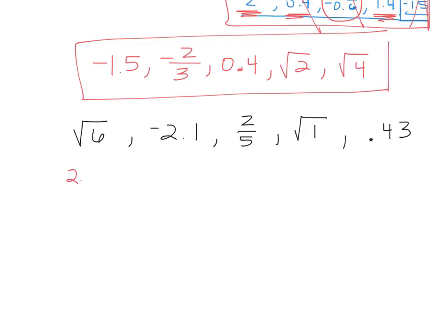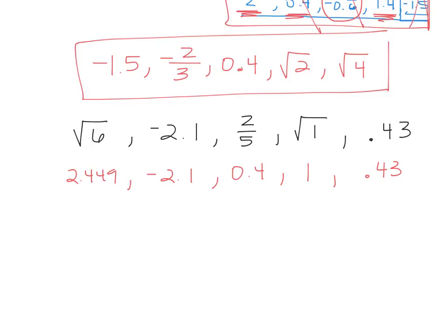So 2.449. Second one is negative 2.1. That's already a decimal. What's 2 divided by 5? 0.4. What's the square root of 1? Square root of 1 is 1. And then 0.43 is already a decimal.